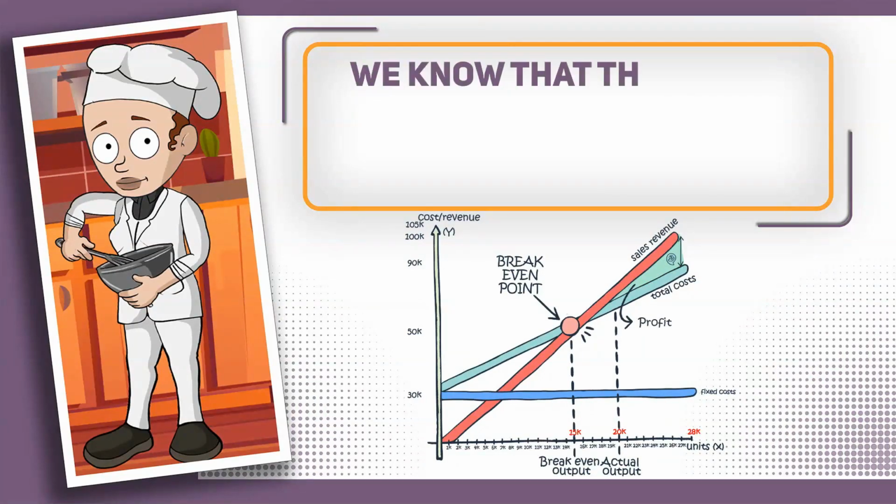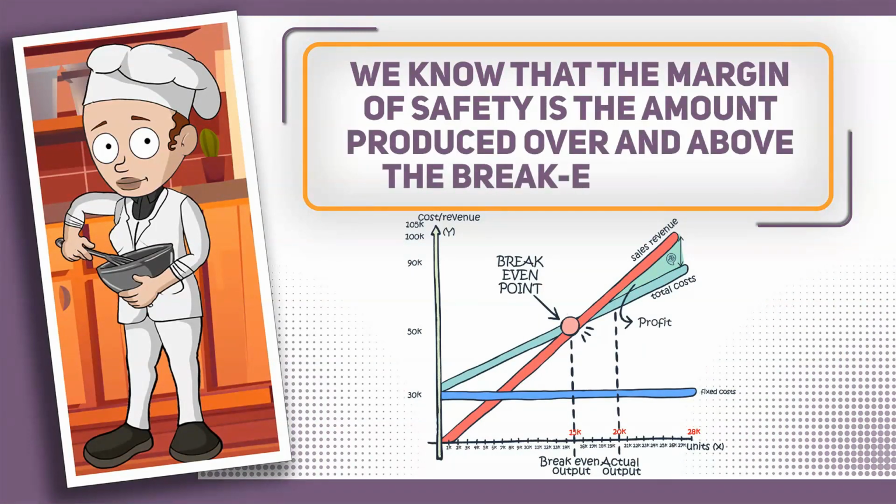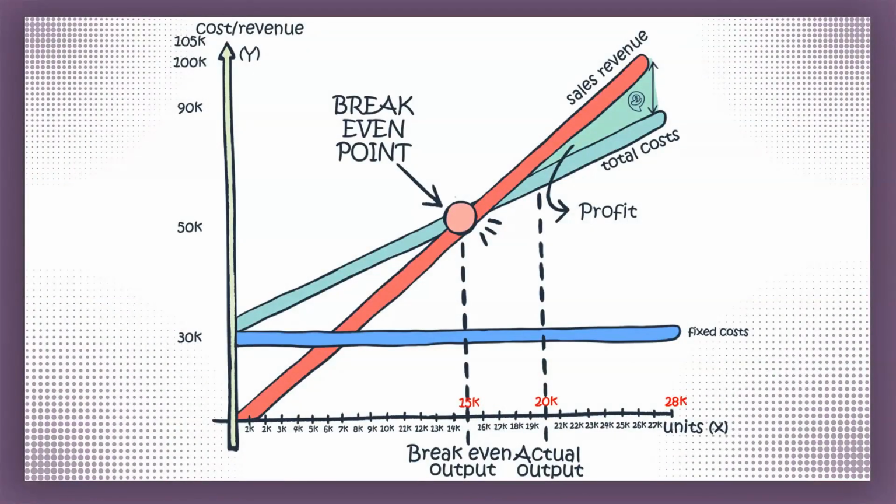Now we know that the margin of safety is the amount produced over and above the break-even point. We can see on this chart that Yaz's margin of safety is the gap between the break-even output and the expected output.